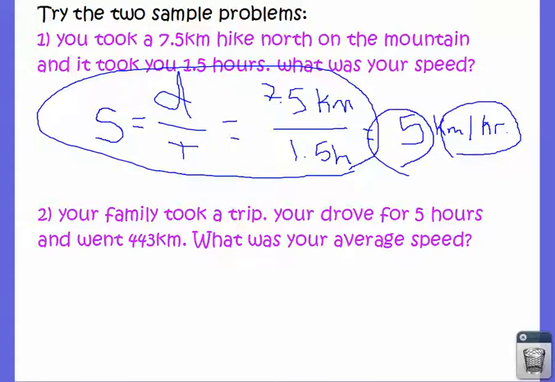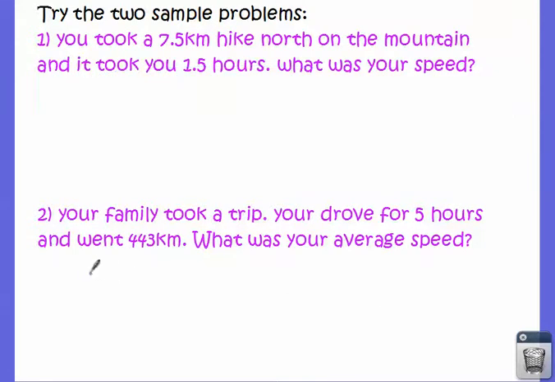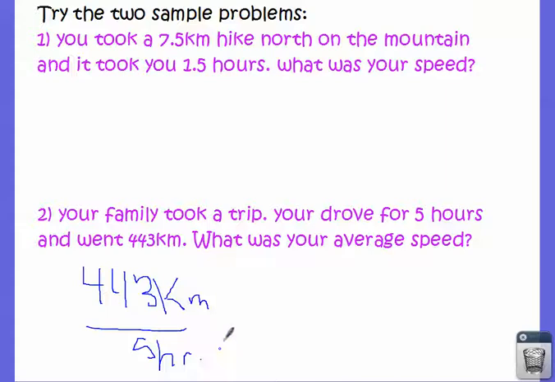When you look at the second question here, you have 443 kilometers divided by 5 hours, and when you do that, you get 88.6 kilometers per hour as your answer.